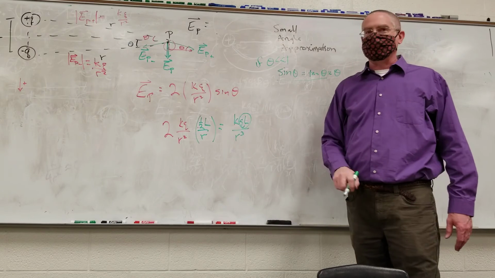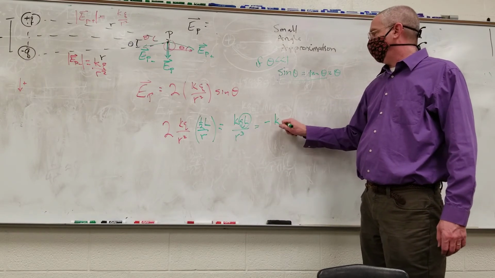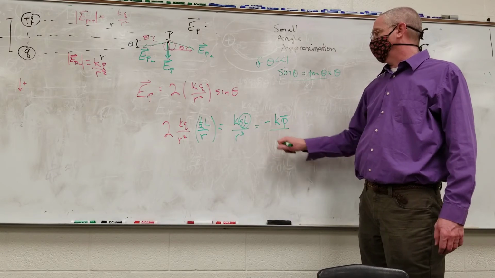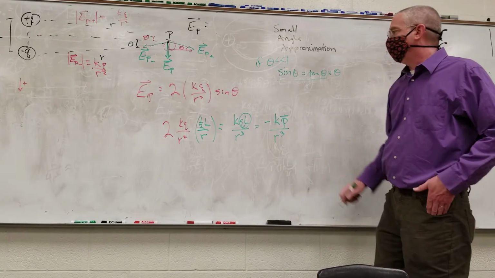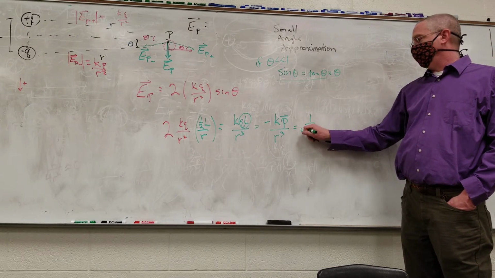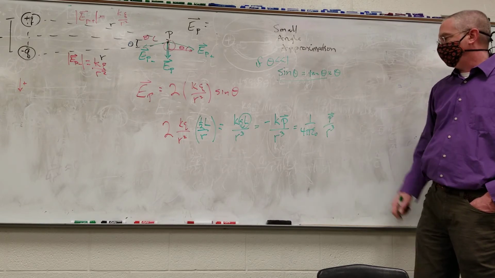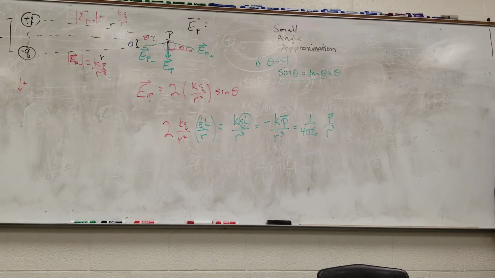There's the magnitude of the electric dipole moment, and so this would be the negative k times the dipole moment vector P over R cubed, which is 1 over 4 pi epsilon naught, P over R cubed. Yeah, wow, indeed.